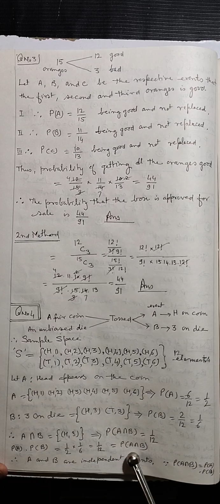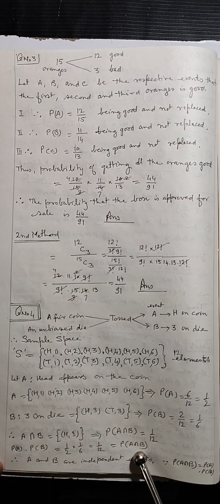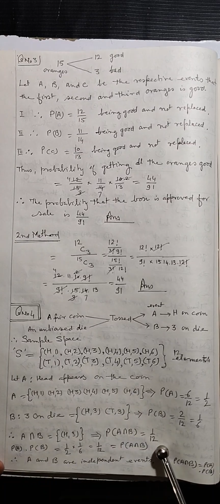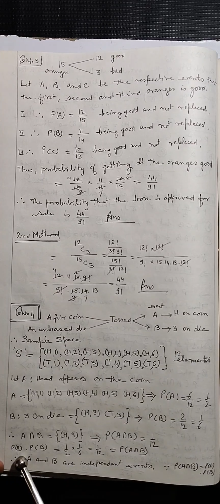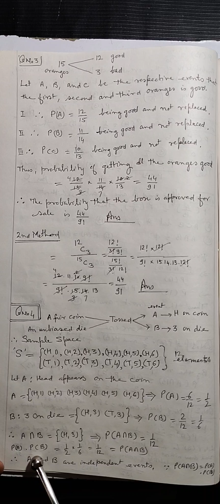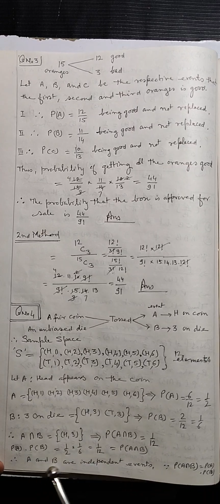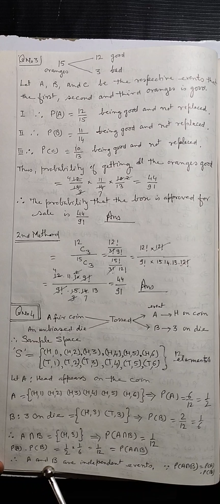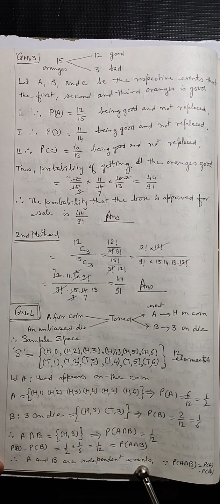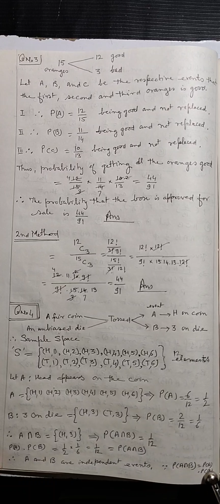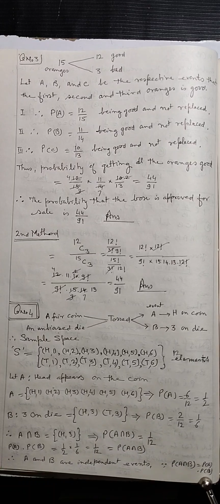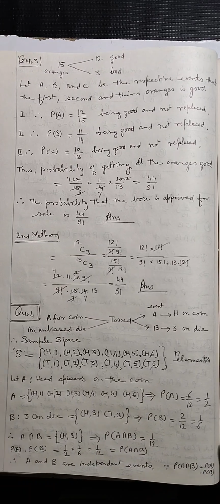And you see the probability of A intersection B is also 1 by 12. Here we are getting that the product of probability A and probability B is equal to 1 by 12. Therefore, A and B are independent events because the probability of A intersection B is equal to probability of A into probability of B. That's all.